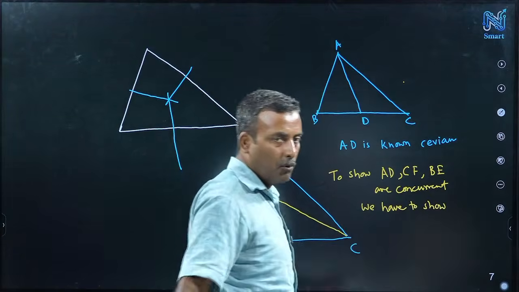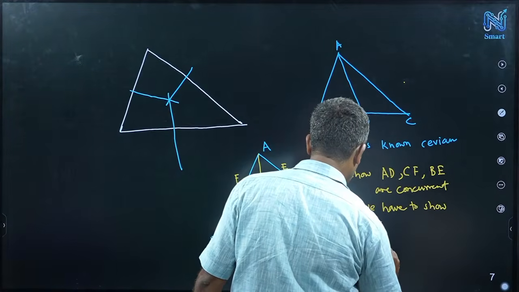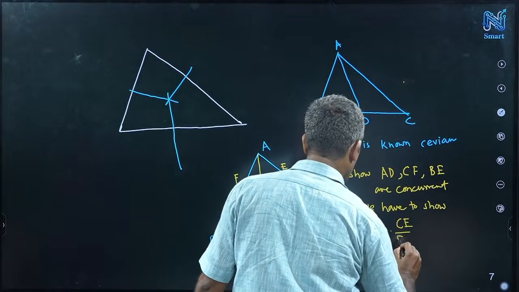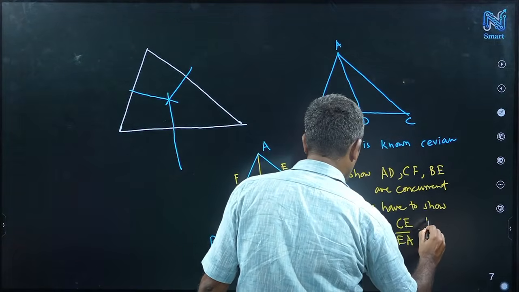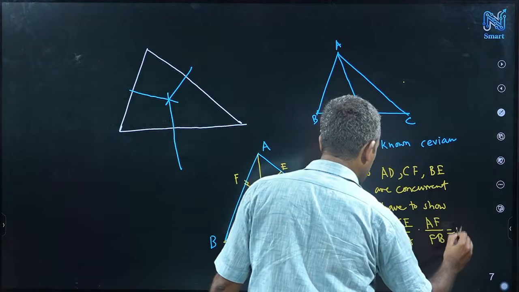The product of three ratios is 1. That is, BD by DC into CE by EA into AF by FB is 1. Can we prove it is 1?